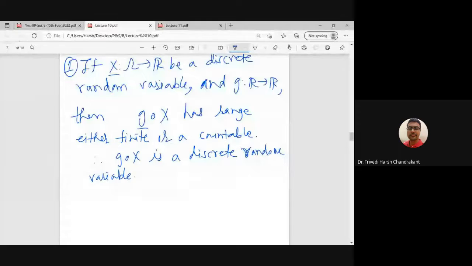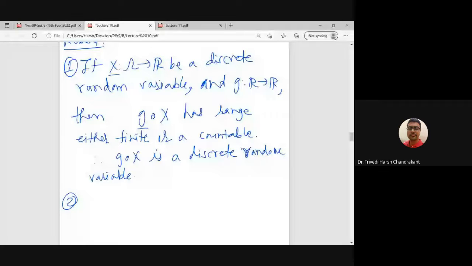Okay, so this is the first thing. The second thing is that X is a discrete random variable; if composed with any function from R to R, then the composition is a discrete random variable. But this is not true the other way around.